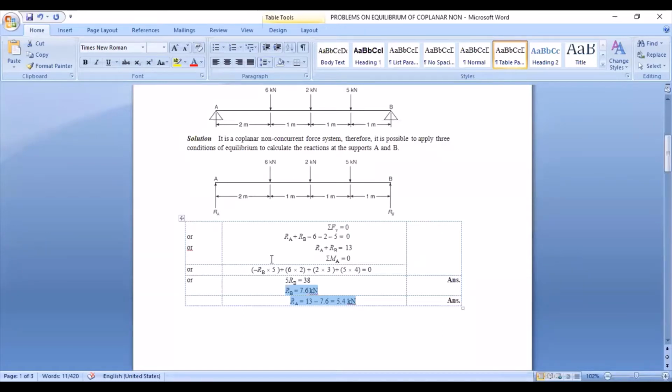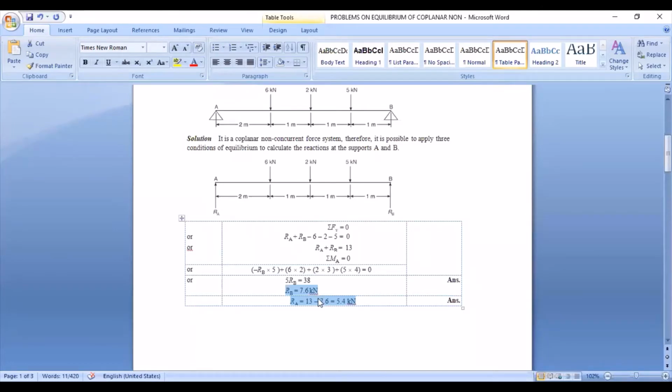I repeat, the directions of reactions are initially assumed in the free body diagram. Once you calculate those reactions, if you get the answer with positive sign, it means that the assumption is right. In case you get the reaction with a negative sign, it means that the direction of the reaction is to be changed.